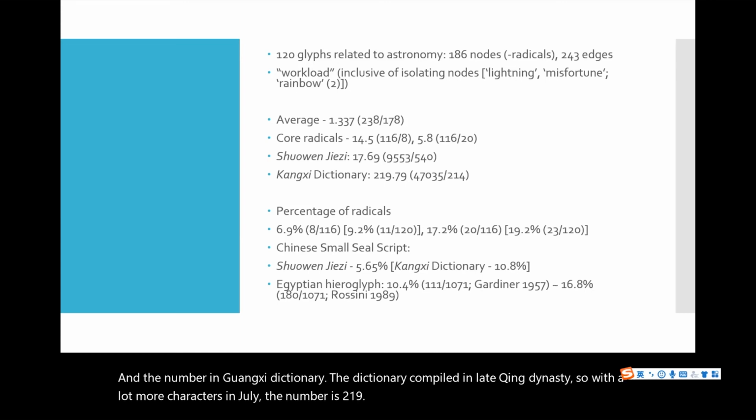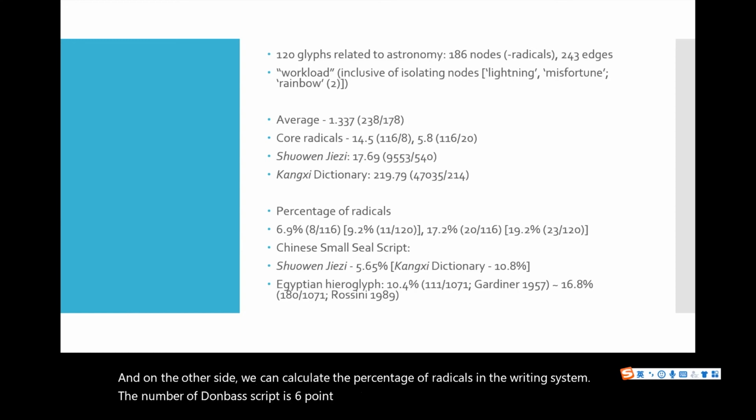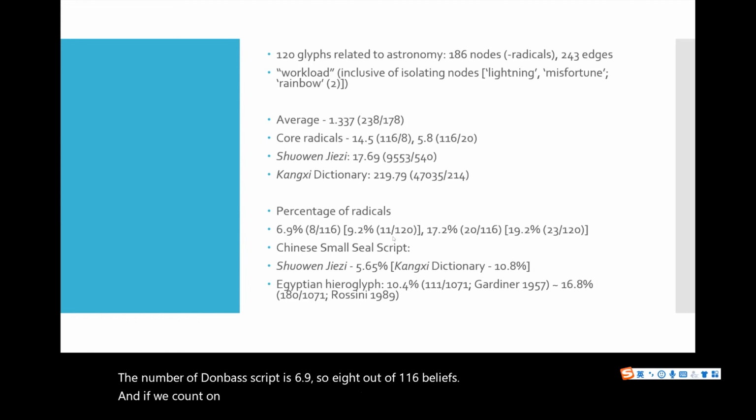On the other side, we can calculate the percentage of radicals in the writing system. The number for the Dongba script is 6.9, so 8 out of 116 glyphs. And if we count on average without excluding the isolated nodes, it's 9.2.